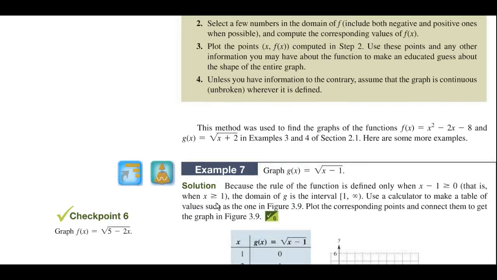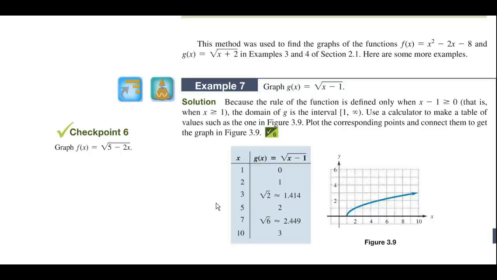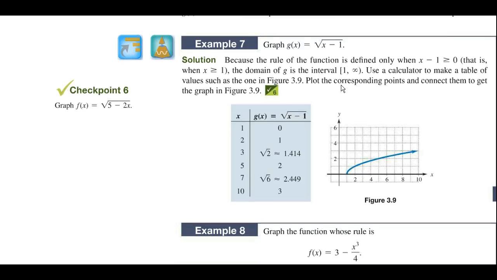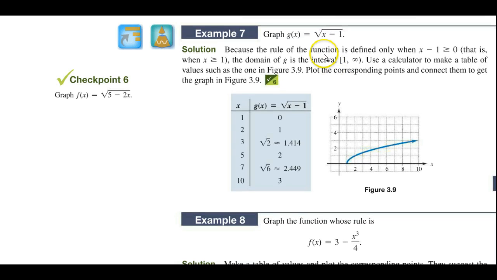Okay, so we'll take a look as we move on here at the graph of a parabola, and in this case we're going to start in example 7 with a graph of a radical example. Now keep in mind, when you have one that looks like this, there are some qualifiers.